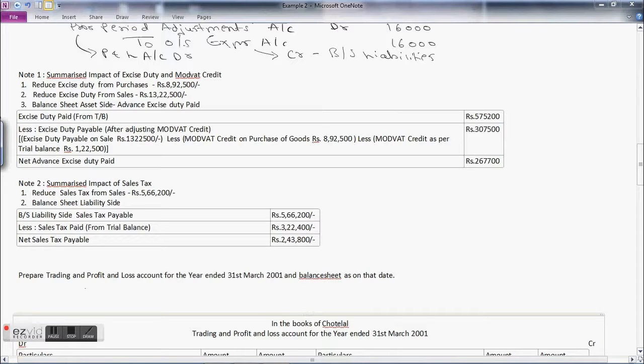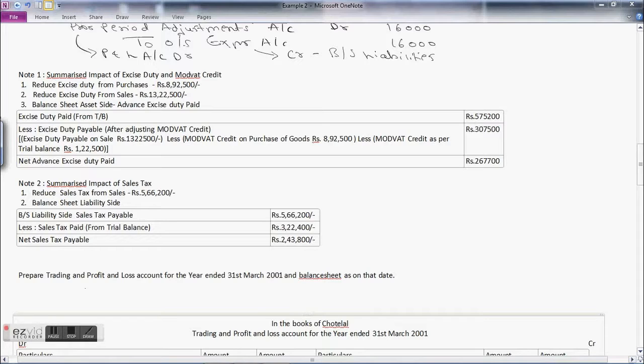And then balance sheet asset side, advance excise duty paid. So there is a working of advance excise duty paid here. Excise duty on sale is 13,22,500 less MODVAT credit on purchases 8,92,500 less MODVAT credit as per trial balance, which is given above, 1,22,500. So 307,500.